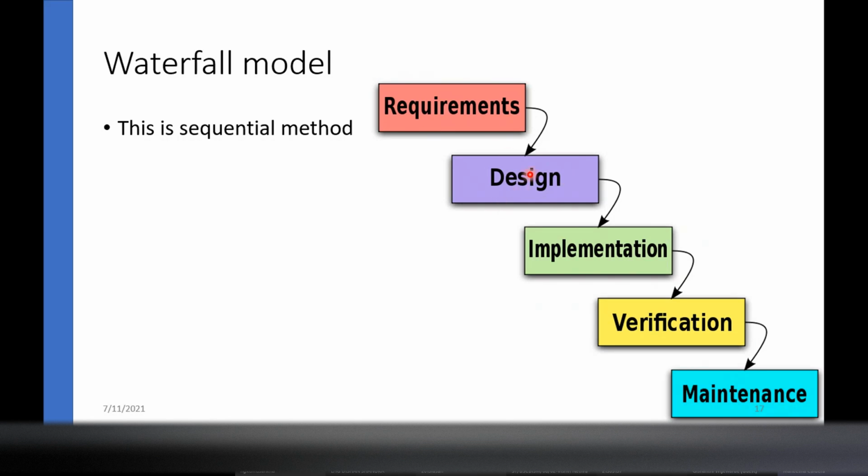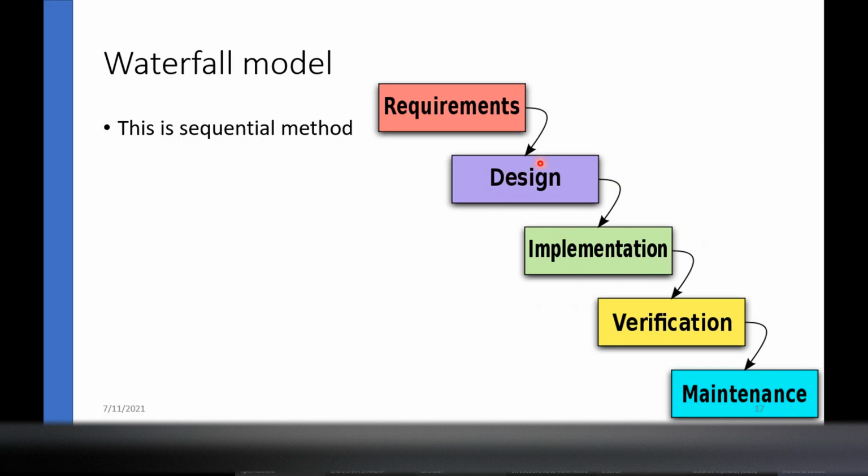There might be a use case diagram, an ER diagram, a class diagram, or an activity diagram. Likewise, different aspects of the software are visualized here under the design phase.